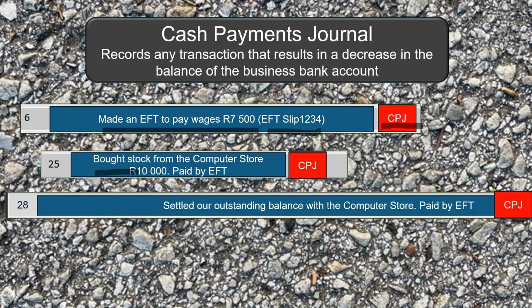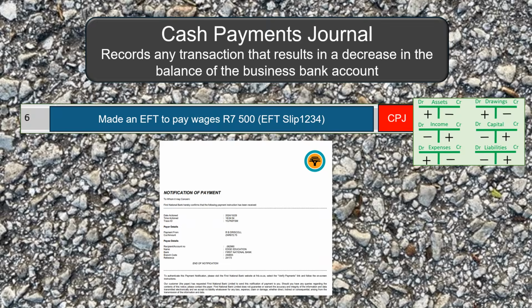Bought stock from the computer store, paid by cash, or it was cash, paid by EFT, cash payments journal. Then we're going to pay a supplier or a creditor, and we pay by EFT. This is just a little example of an EFT confirmation slip.